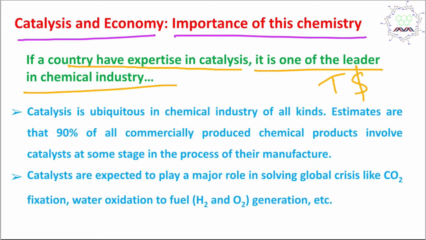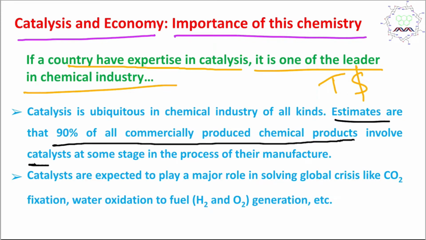It's a very big industry. And estimates say that 90% of all commercially produced chemical products involve a catalyst at some stage of their manufacturing. So just try to imagine how important these catalysts are in chemical industry. And industry means income opportunity, and income opportunity is also associated with development.